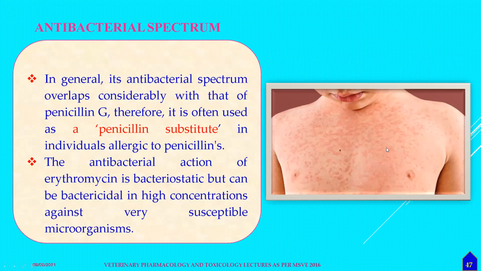That's why it is used as a substitute for penicillin. If the person has a penicillin allergy, then the next suitable drug is erythromycin. The antibacterial action of erythromycin is bacteriostatic, whereas the antimicrobial action of the beta-lactam antibiotics is bactericidal.